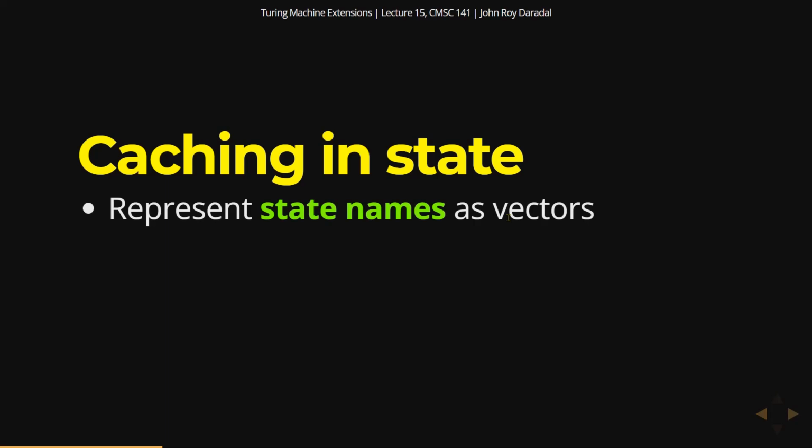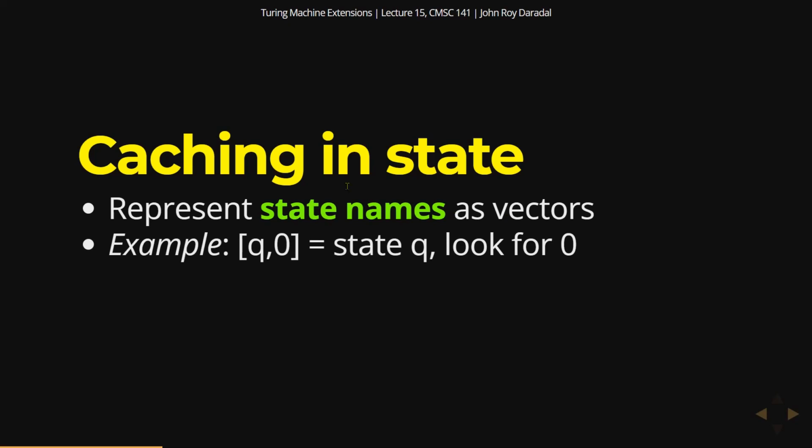The next trick is to cache in state. Caching in state simply means you represent state names as vectors. For example, you have [Q, 0] as the name of your state, and what this means is you're in state Q and you're looking for a 0.